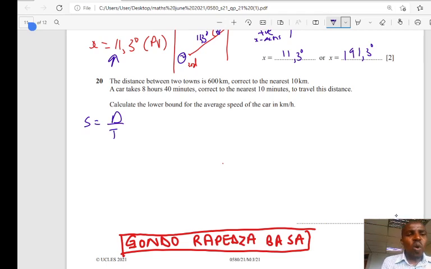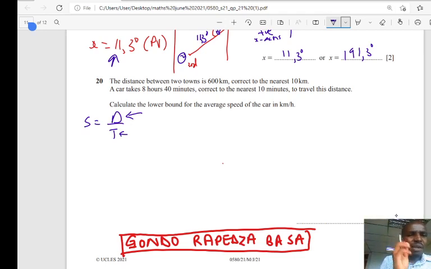So to find the lower bound, it means time must be the greatest and distance must be the smallest. So you have to find the greatest value of time and the smallest value of distance. Then you can find the lower bound of the speed. That's what you do.